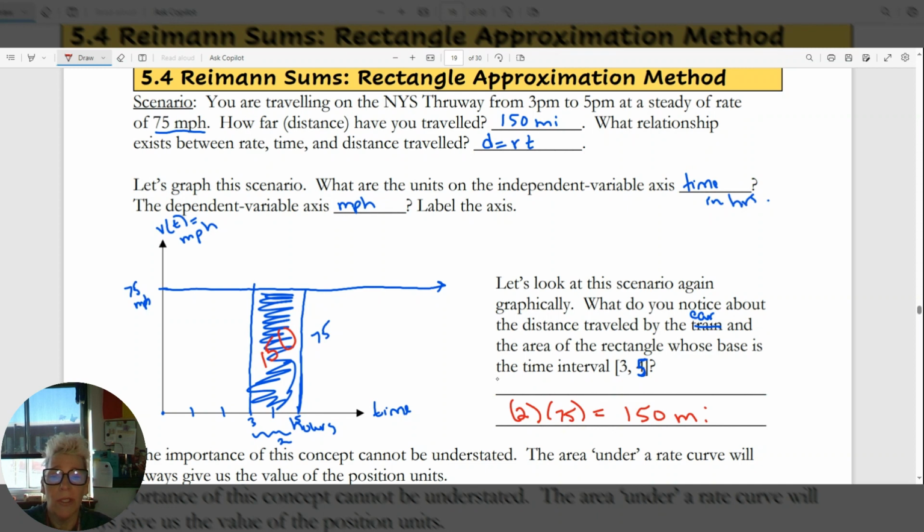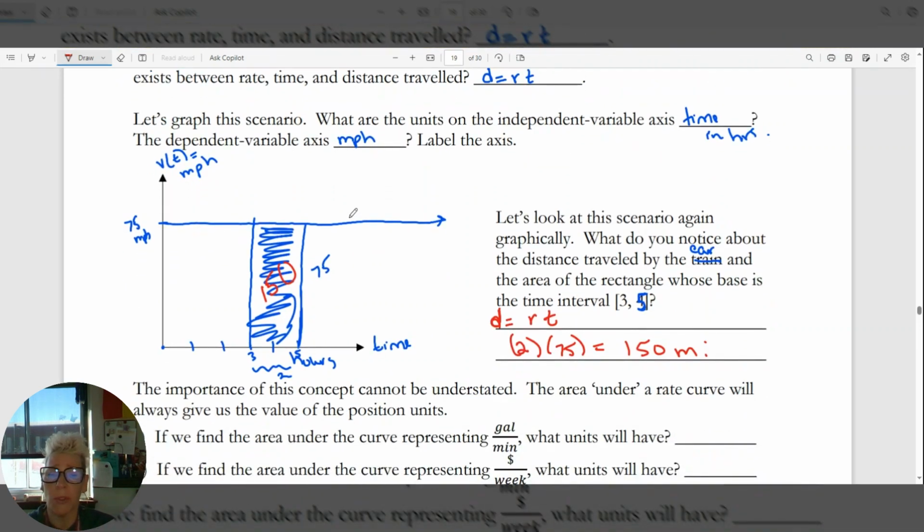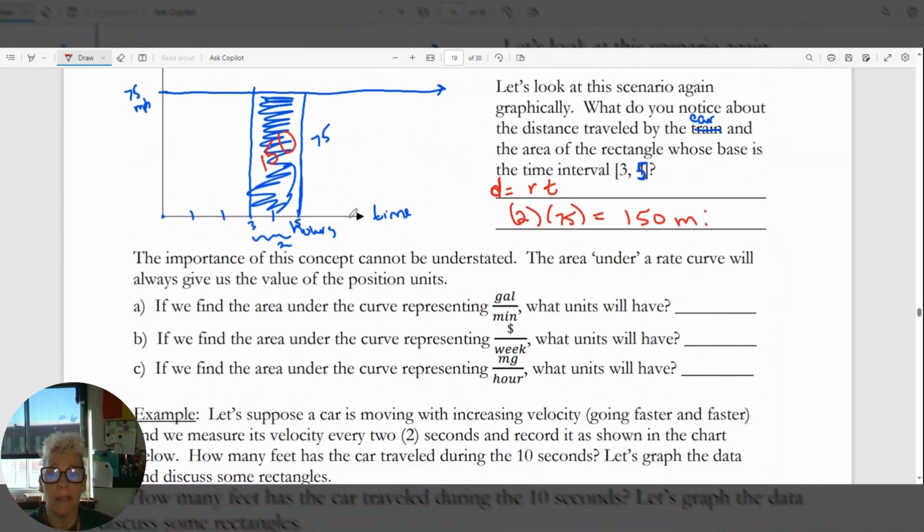So what did we really do there? We actually did the rate times the time. 2 hours at 75 miles per hour gave us that distance. This doesn't seem as important as it really is, which we'll see over the next couple of lessons.